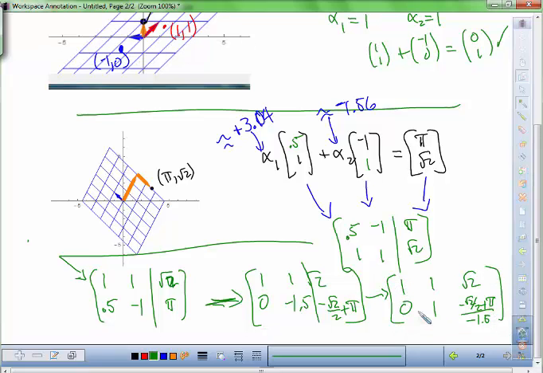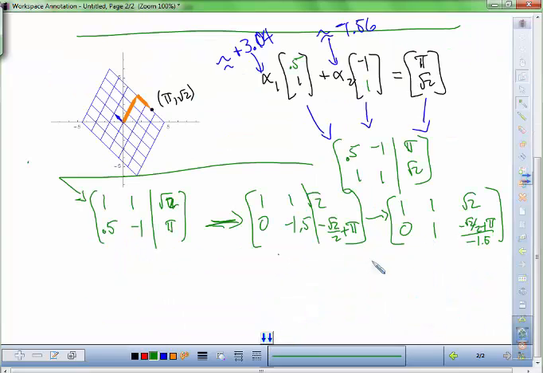So I have my second one. I have my alpha 2 value, and then if I just get rid of that 1 over here, I would need to just subtract, right?